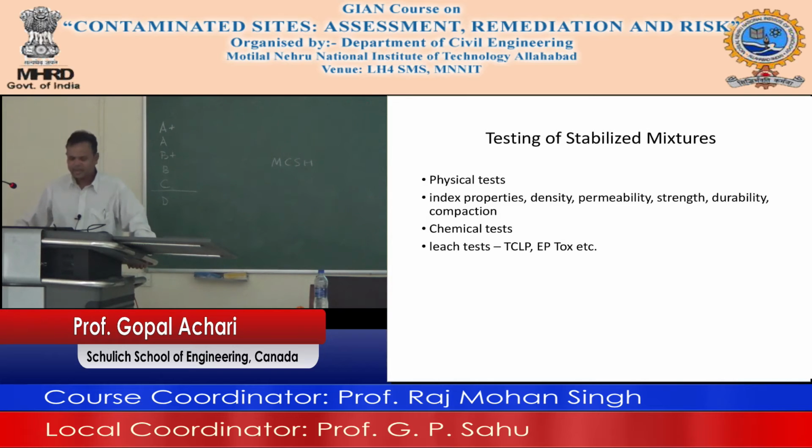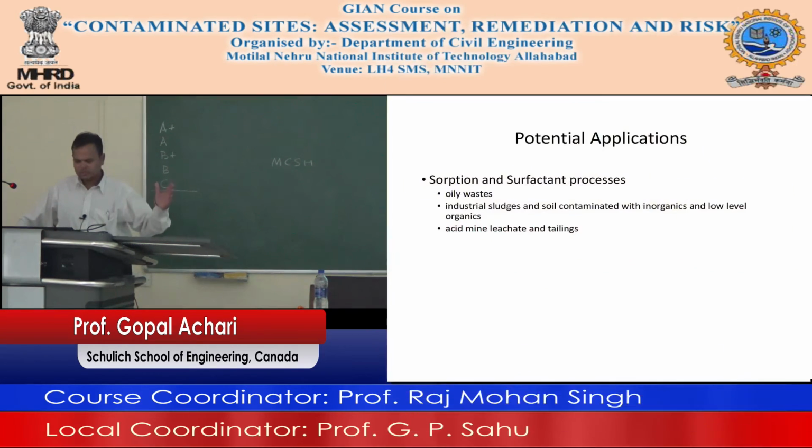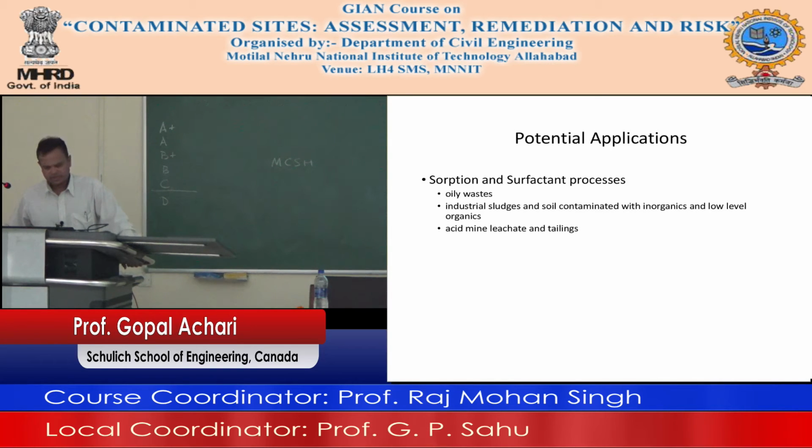So we went through a bunch of these: sorption and surfactant, emulsified asphalt, bituminization, all that, right? Where would you apply each one of them? Sorption and surfactant-based processes are applied for oily waste, industrial sludges, soil contaminated with inorganics and low-level organics, acid mine leachate and tailings.